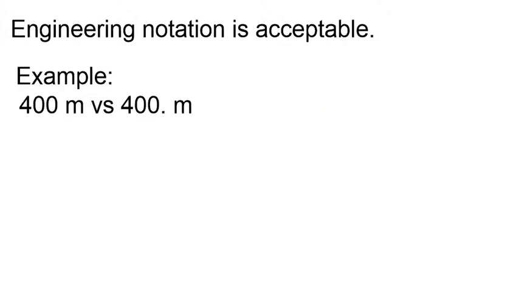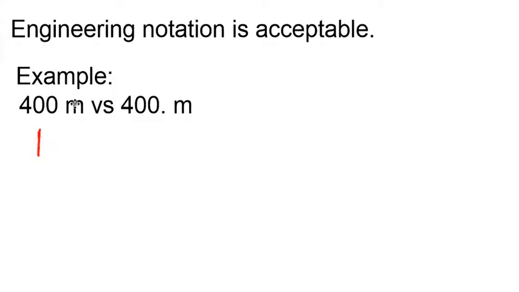As a quick note, engineering notation is acceptable for me. By this I mean, if we look at 400 meters versus 400. meters, just using the decimal there, these might seem to be the same at first, but they are actually very different measurements. For 400 meters, the two zeros are not significant, so in this case we only have one significant figure.